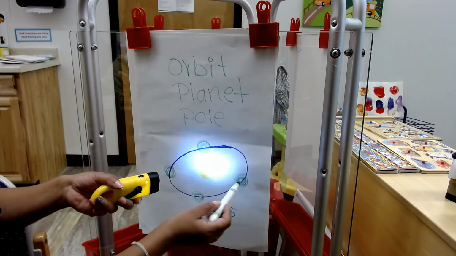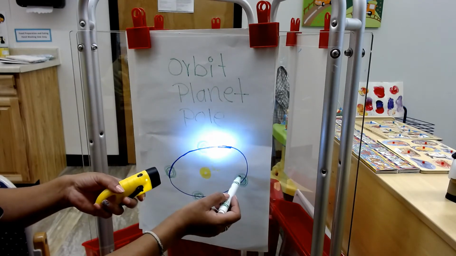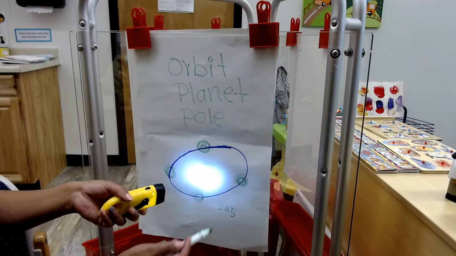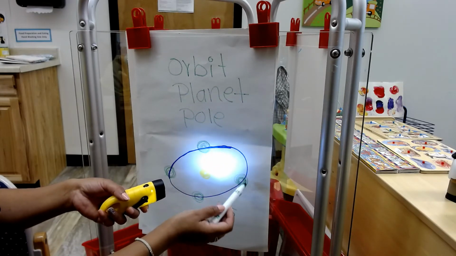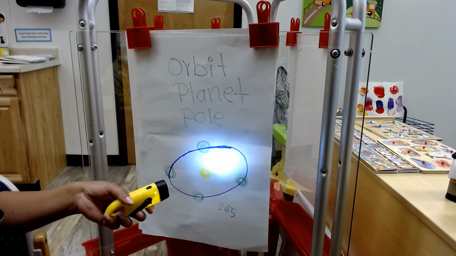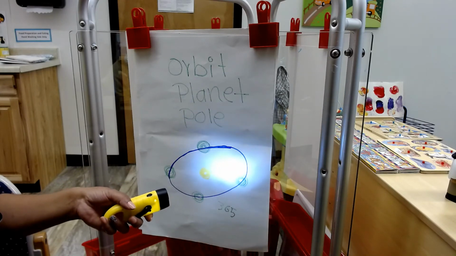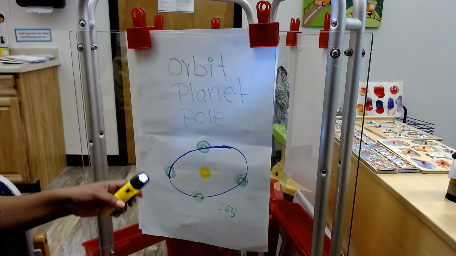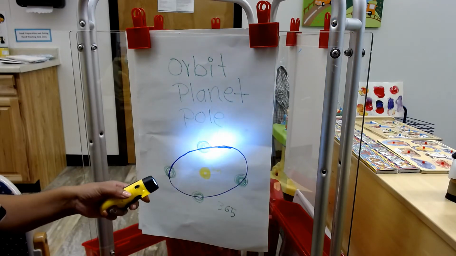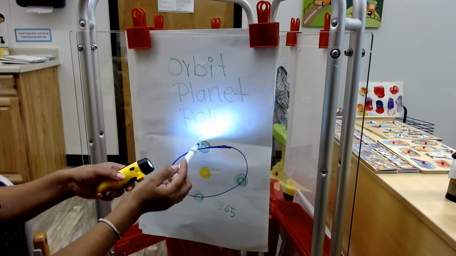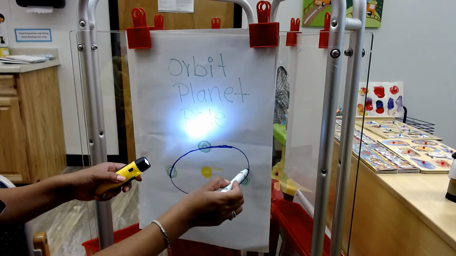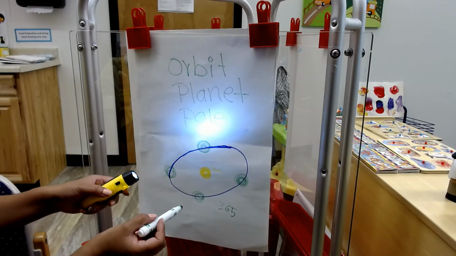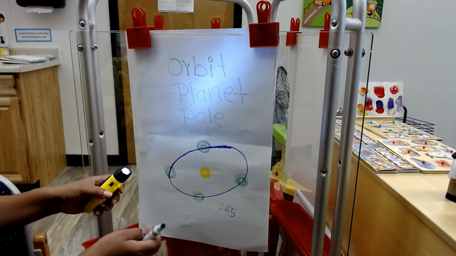When our planet Earth is far away from the sun, our planet gets cold, and that is when we get the winter season. So now we learned what a planet is. Our Earth is a planet. And now we learned what an orbit is. So now, what is a pole?